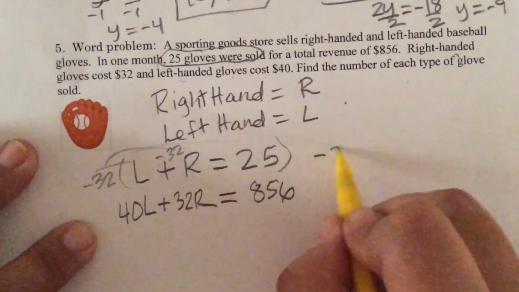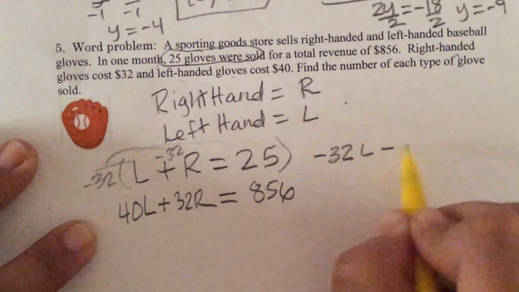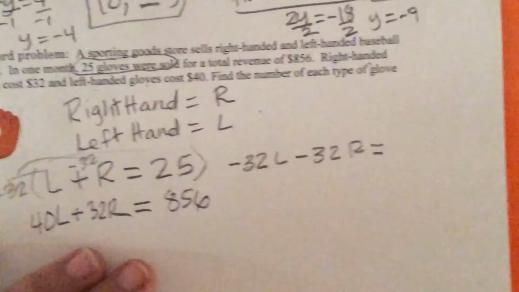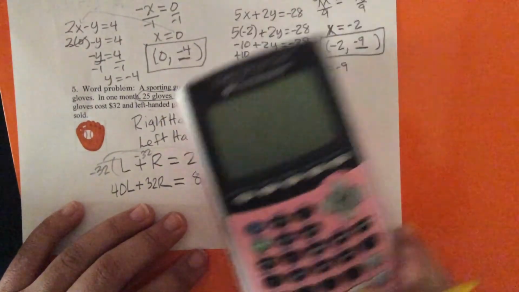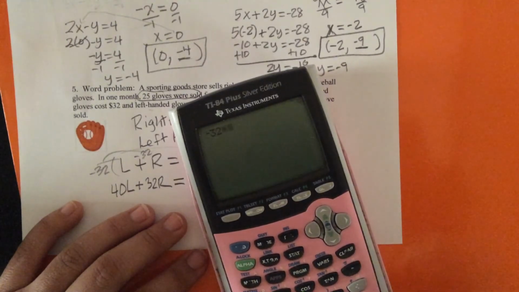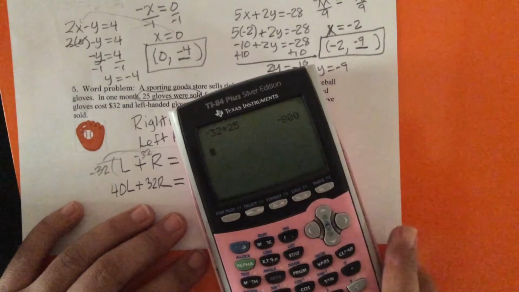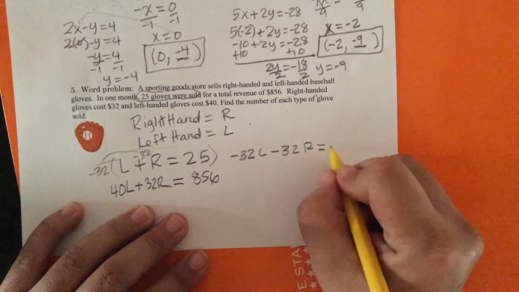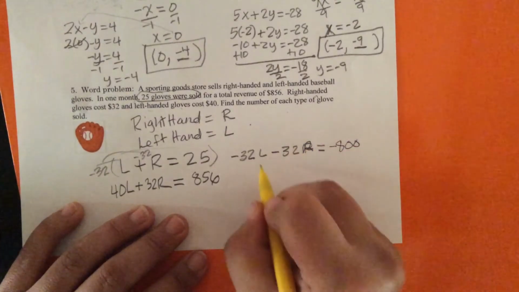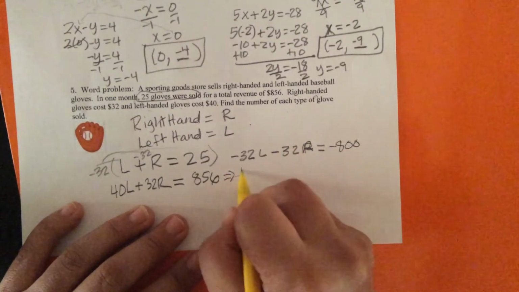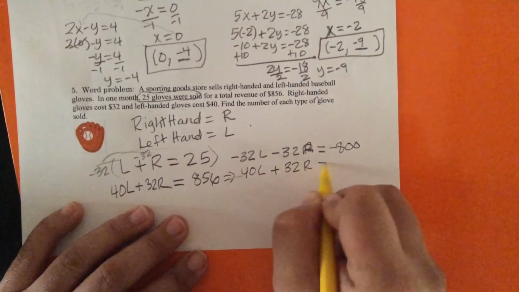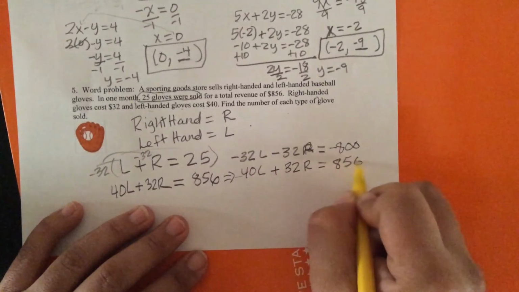So that's going to be negative 32L, negative 32R equals, negative 32 times 25 is negative 800. So this is negative 800. Okay, and then I'm going to just rewrite this one. 40L plus 32R is equal to 856.